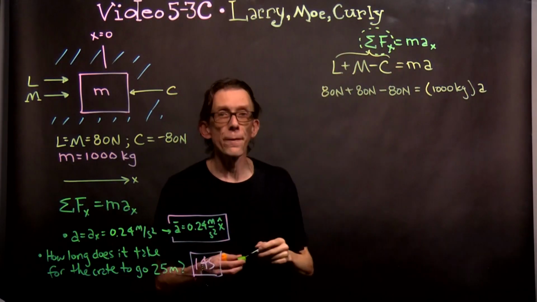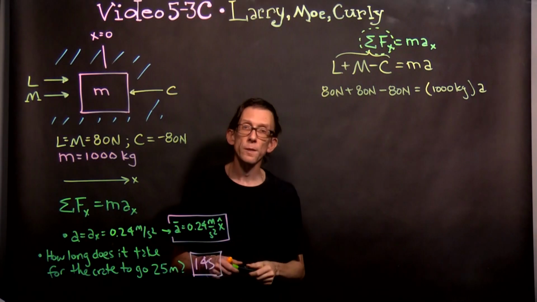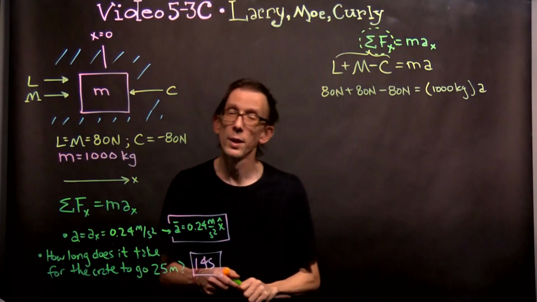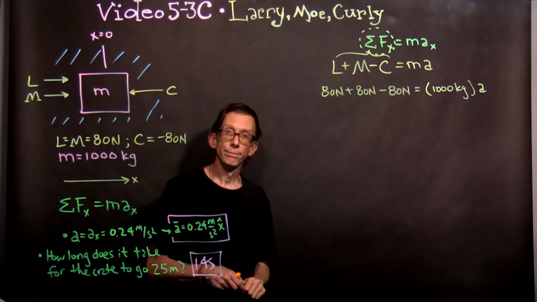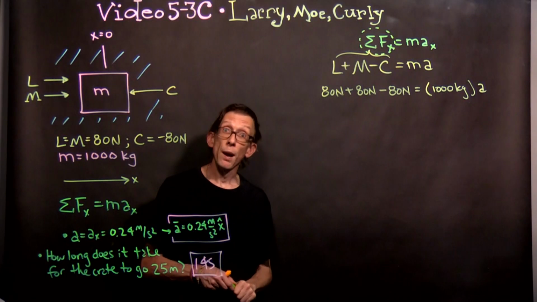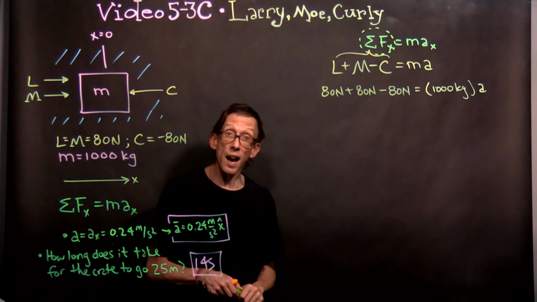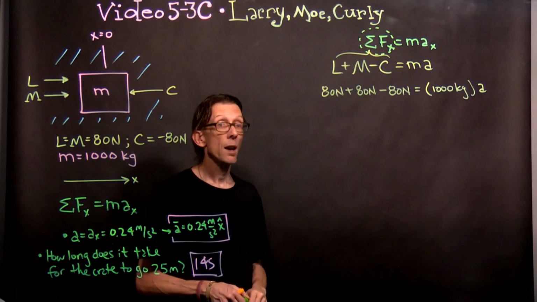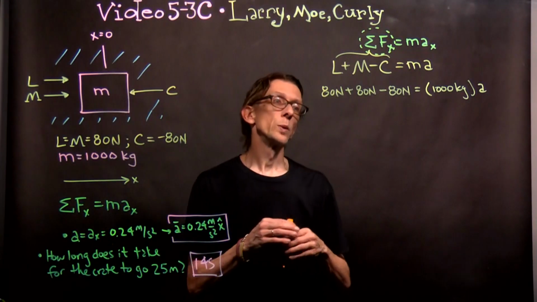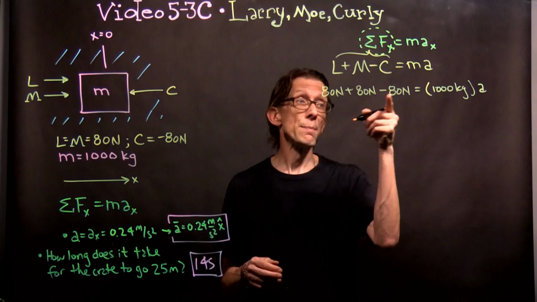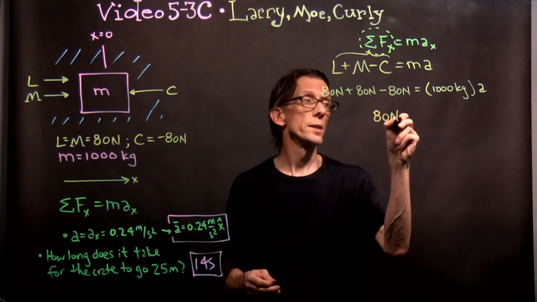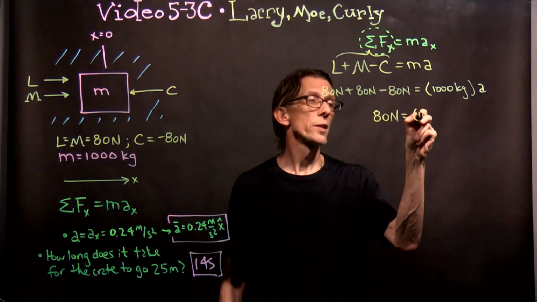You have to add up the forces. Forces are vectors. Vectors have direction, so you need to think about direction when you add them up, and assign the signs appropriately. So now what we have is 80 plus 80 minus 80 gives you 80 newtons. Now the sum of the forces is 80 newtons, and that equals 1,000 kilograms.